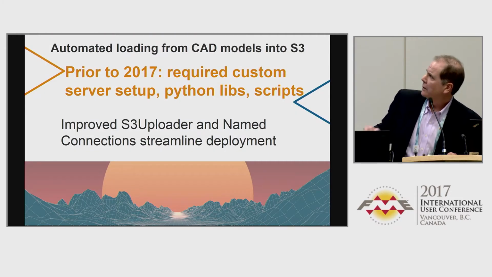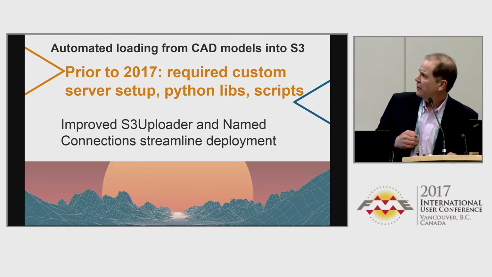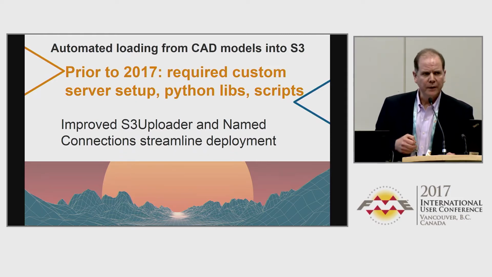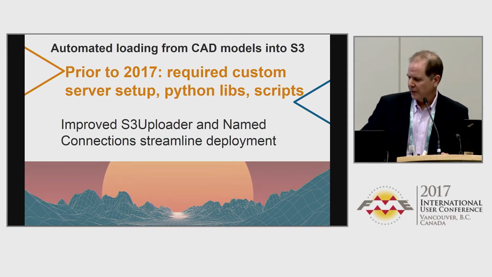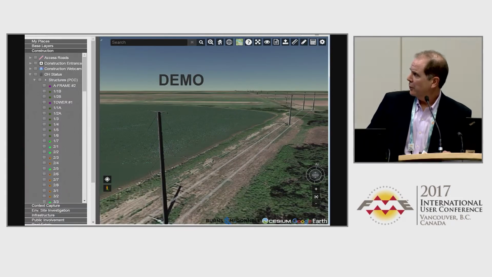And again, prior to 2017, we had to do some custom Python and library scripts in order to get it up to the S3 database. And name connections really help, so use name connections for your deployment.